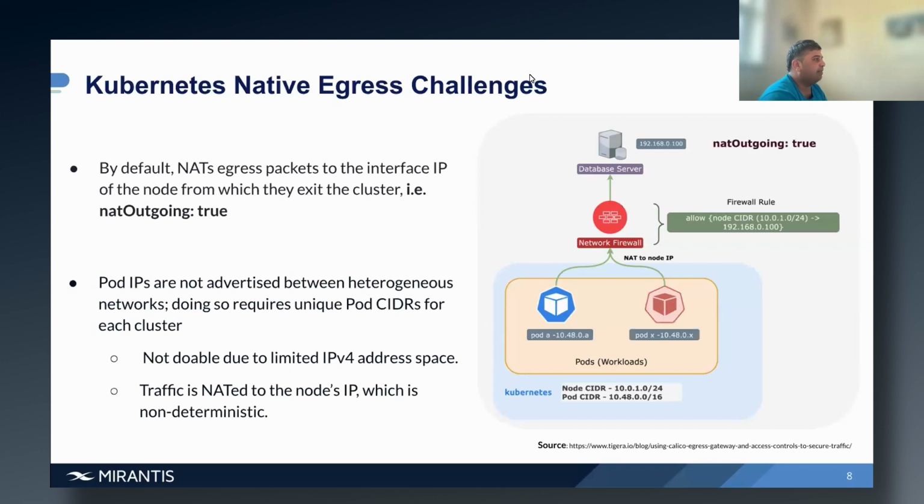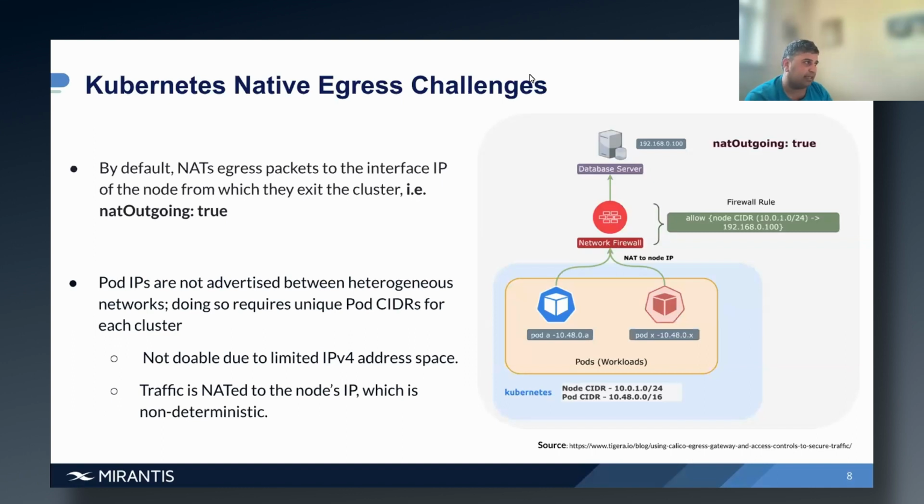So what we're saying here is that we have NAT outgoing set to true, which is the default. If we consider the example in the picture, it is permitting connectivity to a backend database server, as we can see at the top.